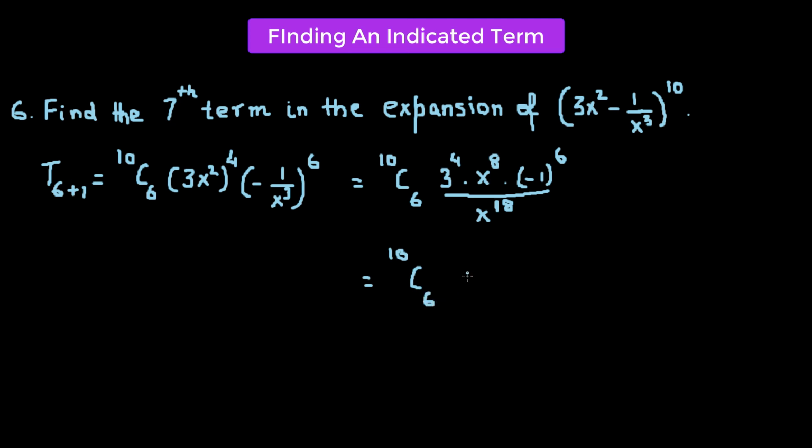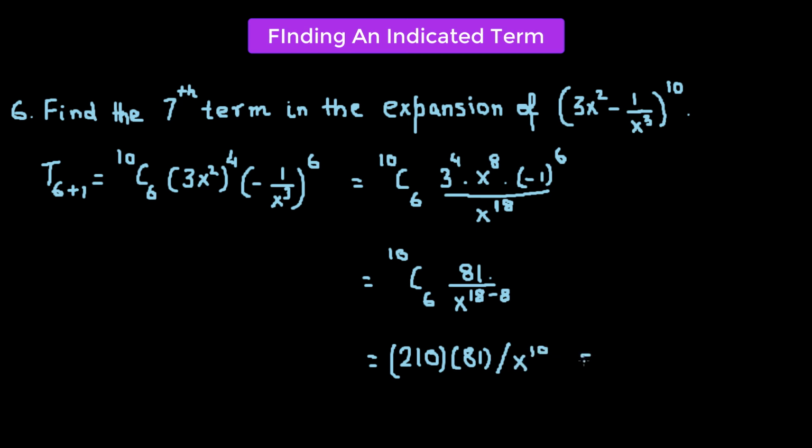10c6. 3 raised to the power 4 is 81, times negative 1 raised to the power 6, which is always positive 1. And we can bring that x raised to the power 8 to the denominator, so that we'll get 18 minus 8. And we find out the value of 10c6, so that is 210, times 81, whole thing divided by x raised to the power of 10.